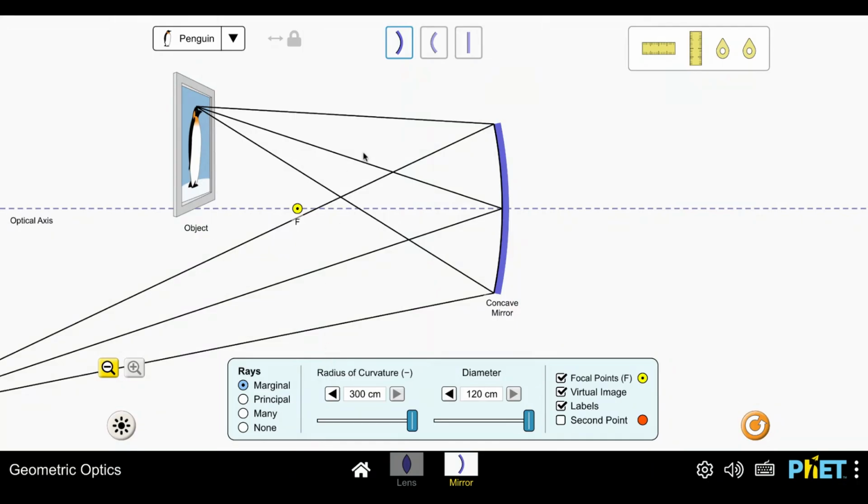Now, when you're looking at these curved mirrors, you're going to see another thing called the radius of curvature. But before we get into that, there's also something known as the center of curvature. Imagine you have this mirror right over here, and you sort of drew a circle to represent this whole thing.